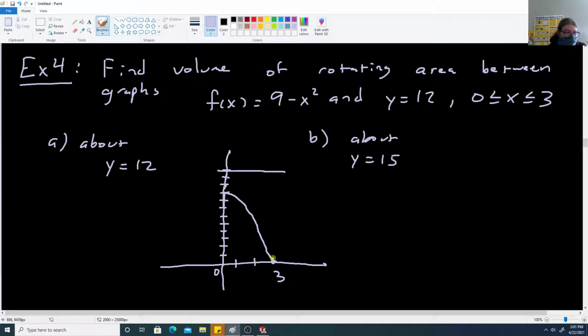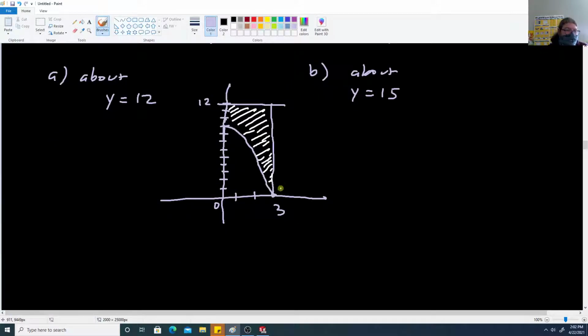So the region we're dealing with is this sort of shape right here. If we want to revolve it about the line y equals 12 like we do in part A, since this line is at 12, that's going to generate a revolution where we just have a bunch of circles with no gap in the center.